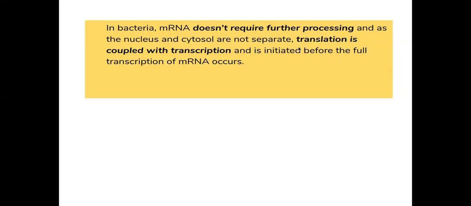The second difference is that in prokaryotes, because there is no clear separation between the nuclear material and the cytoplasm, translation and transcription can often take place simultaneously, or we say they are coupled. It does not need transcription to end for translation to start. They can go on side by side. So these are two important differences in transcription in prokaryotes and eukaryotes.